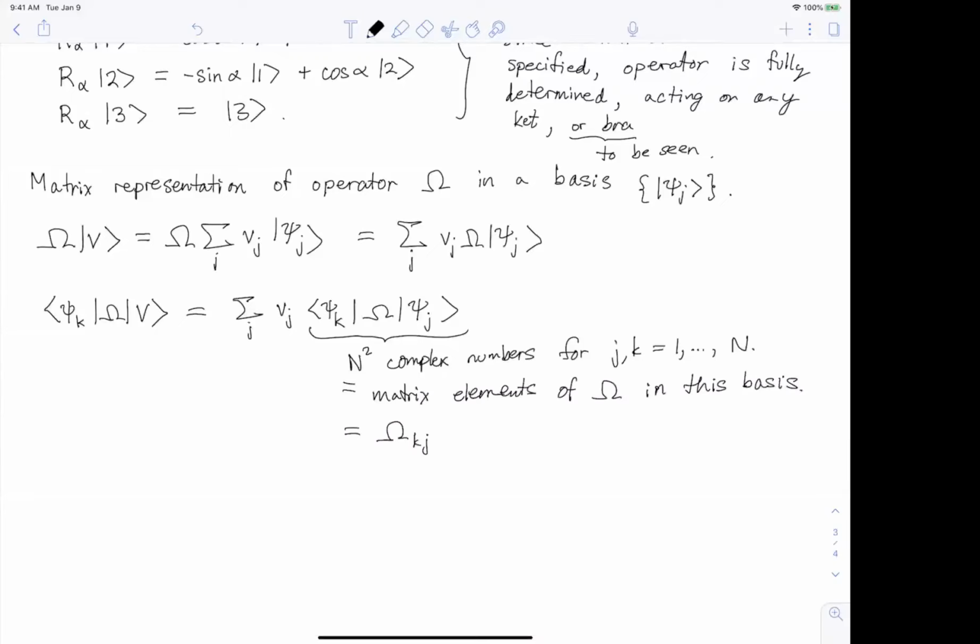All right. So now let's consider the case where it's an orthonormal basis. That's just a specialization of this.